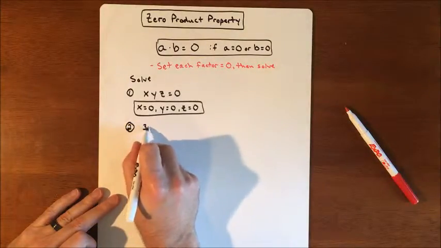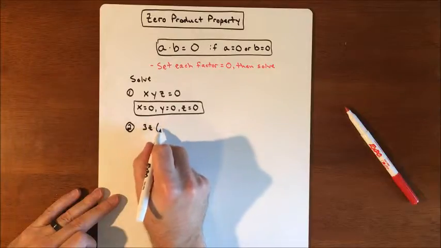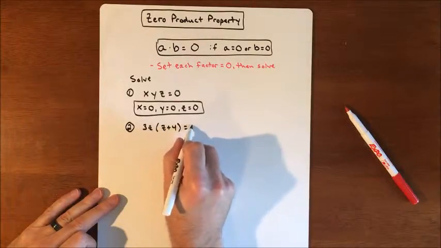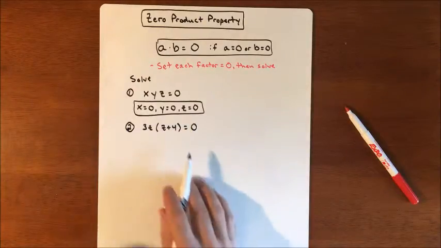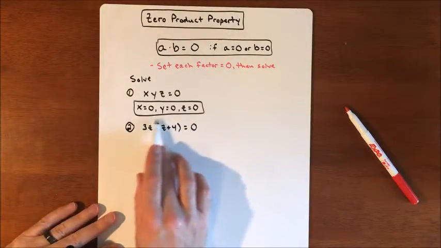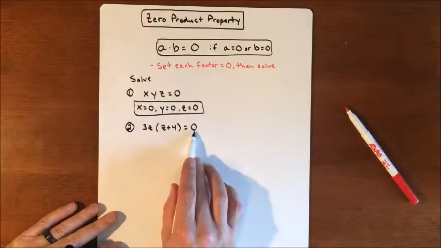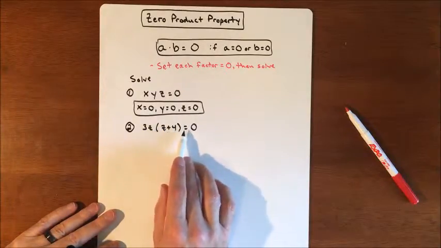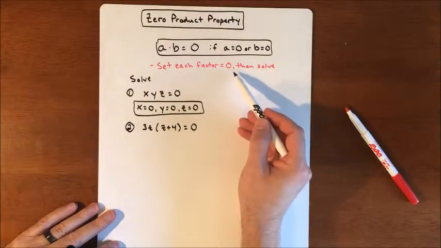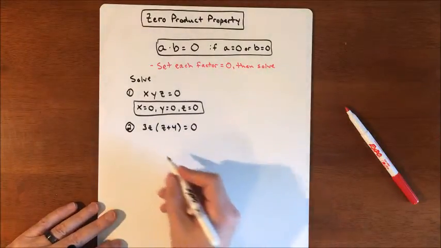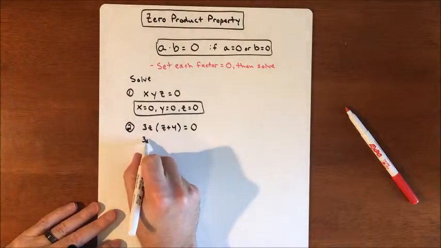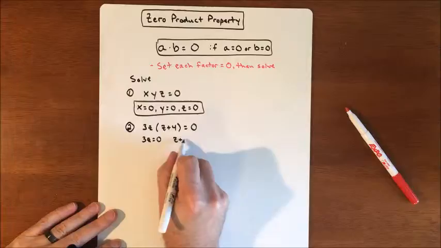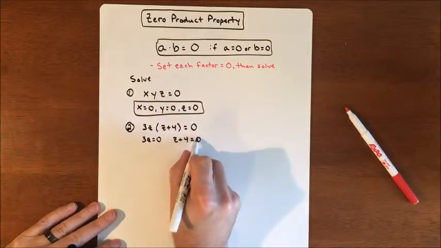So let's take a different look at this. If you have 3z times (z plus 4) equal to 0, this is really the look that you're shooting for. Anything that has multiple pieces multiplied together equals 0. Even better that we already have them in factored form. We're going to set each of our factors equal to 0 and then solve. So first, 3z gets set equal to 0, and z plus 4 gets set equal to 0.